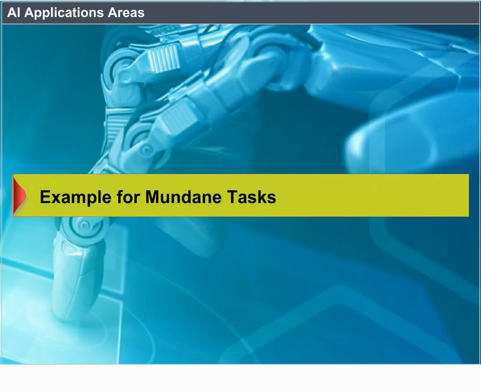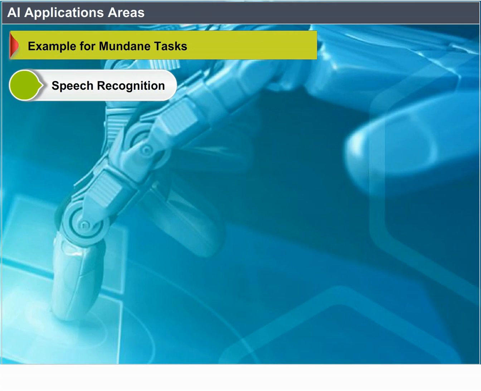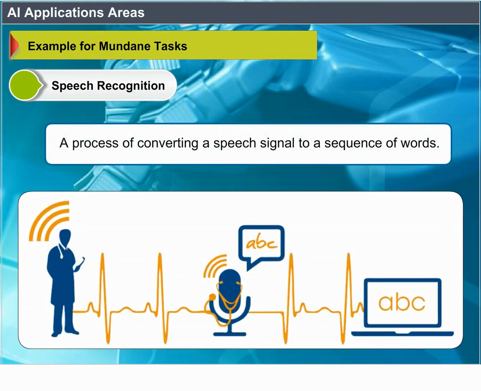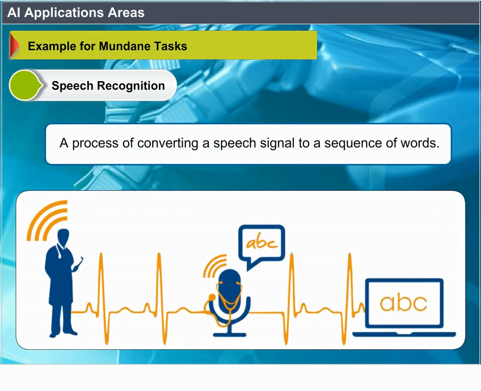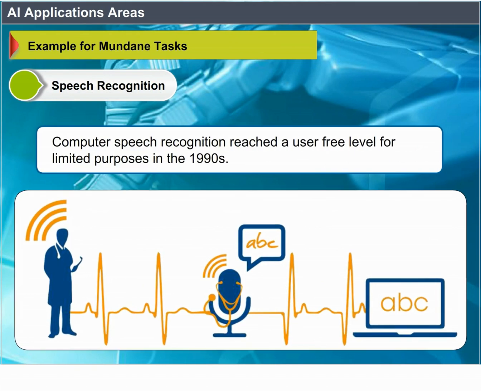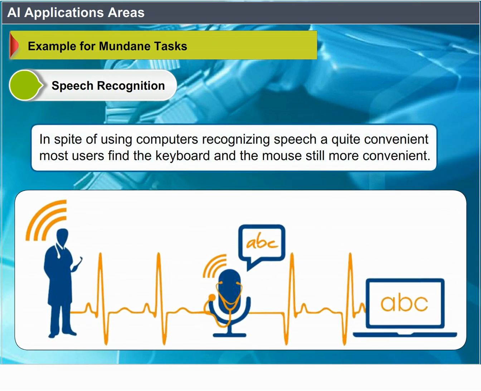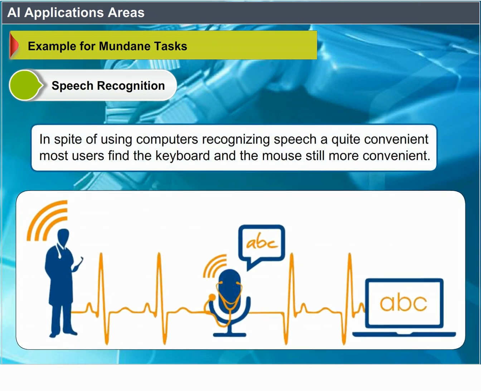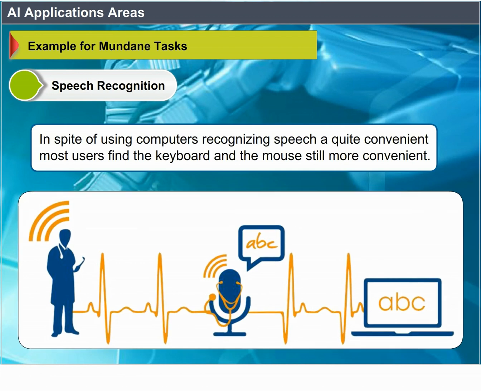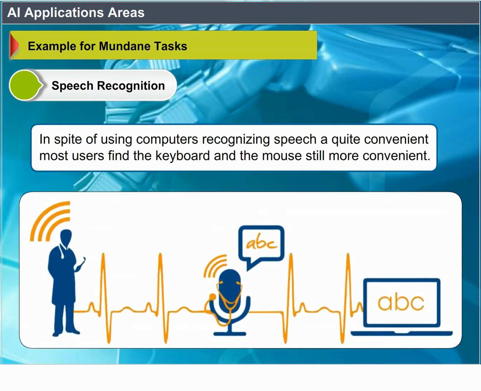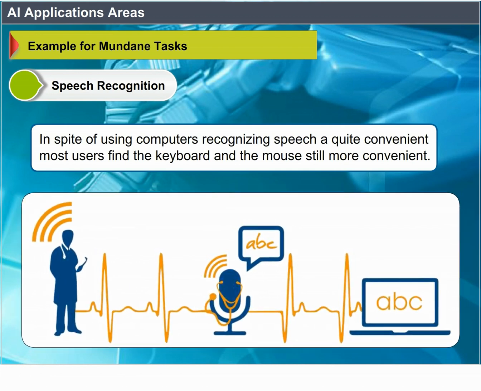Example of mundane tasks: speech recognition, a process of converting a speech signal to a sequence of words. Computer speech recognition reached a user-friendly level for limited purposes in the 1990s. In spite of computers recognizing speech quite conveniently, most users find the keyboard and the mouse still more convenient.